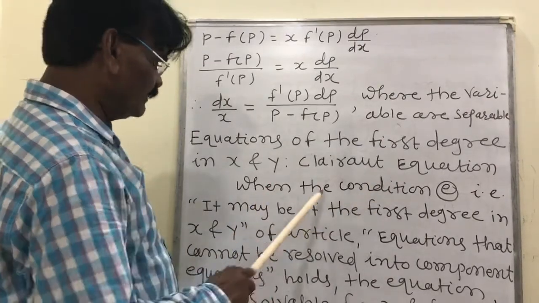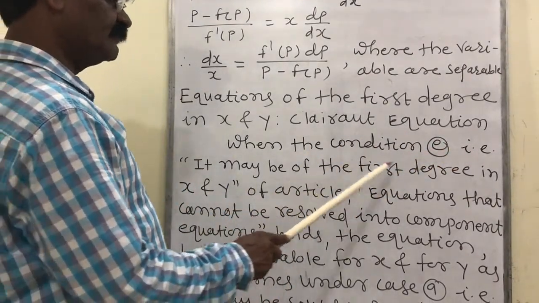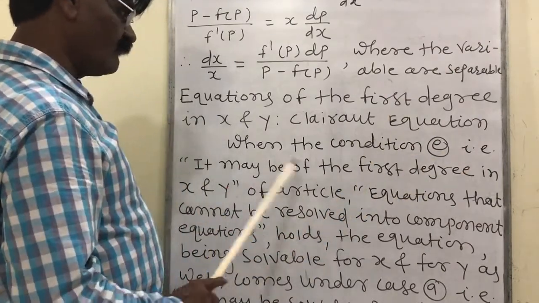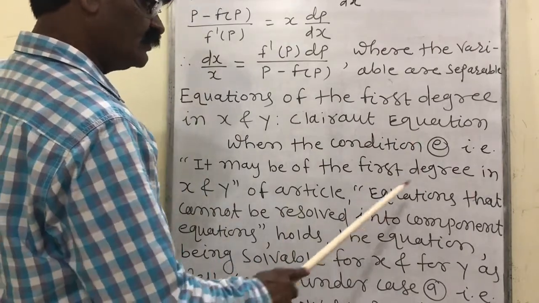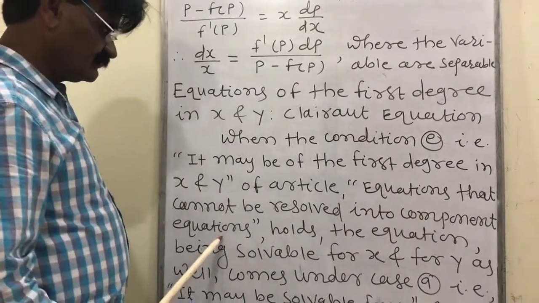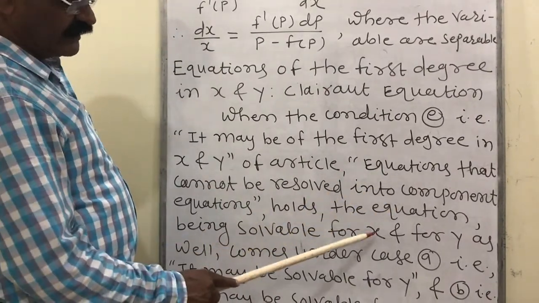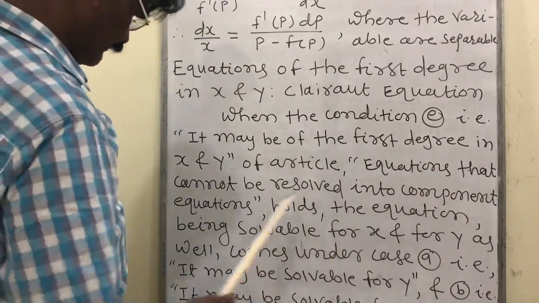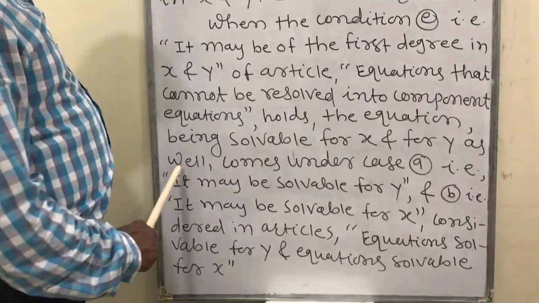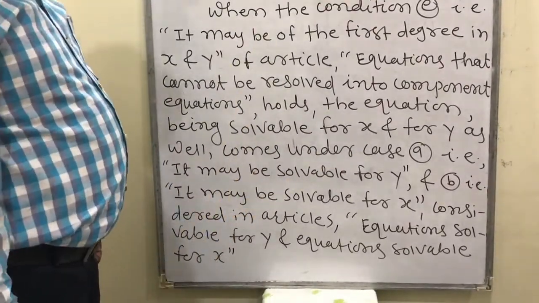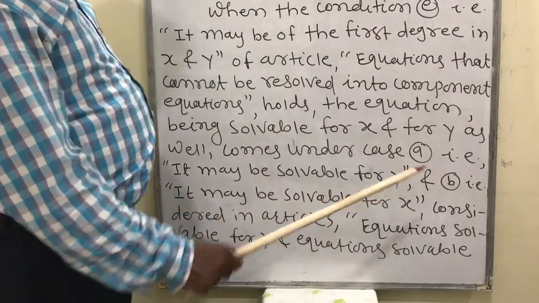When condition E holds, that is, the equation may be of the first degree in x and y and cannot be resolved into component equations, the equation being soluble for x and for y as well, it comes under case A, that it may be soluble for y, and case B, that it may be soluble for x.